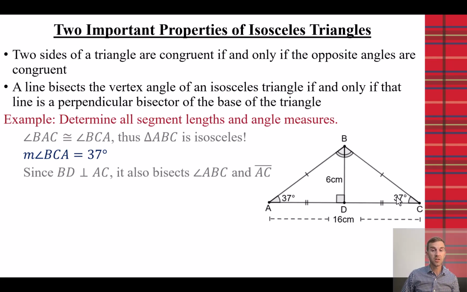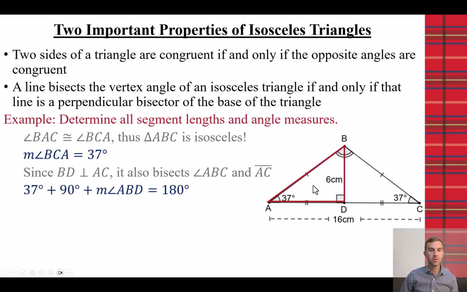The next thing I notice is that I have this perpendicular line segment here from BD. Because of that, it's going to make AC be bisected, and it's also going to bisect the angle ABC. So I have two different things being bisected, and now these measurements become easier to determine. Because I can look at just this left triangle and realize, oh, I've got a 90-degree angle, a 37-degree angle, and then I have my third missing angle.